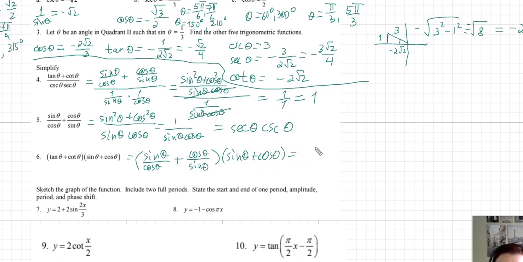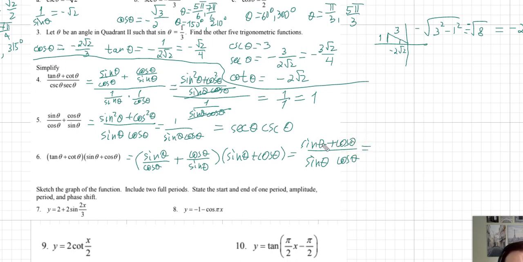So for the first parenthesis, we already know that we are going to get 1 over sine theta cosine theta. And then this one, I'm just going to write it down on the top in the numerator. So I have sine theta plus cosine theta.